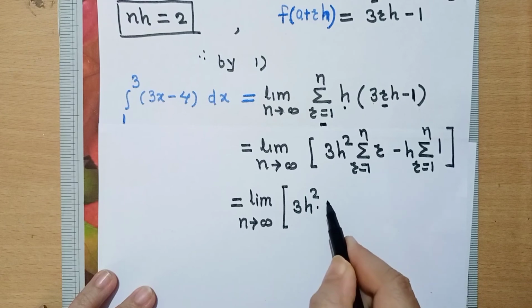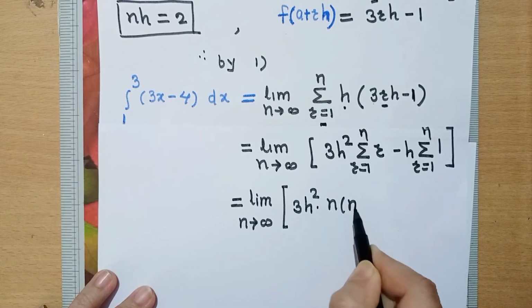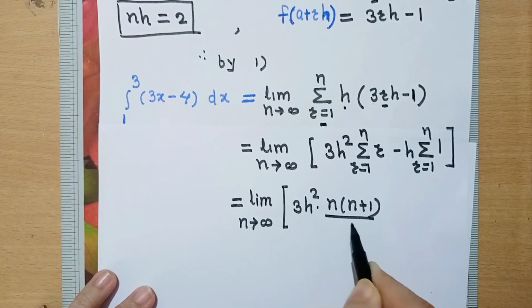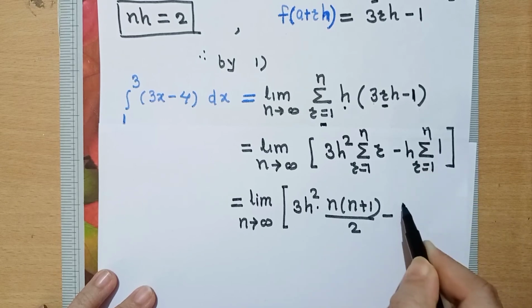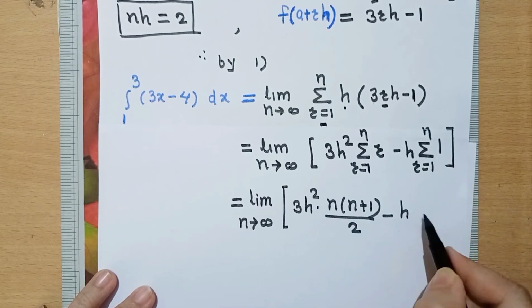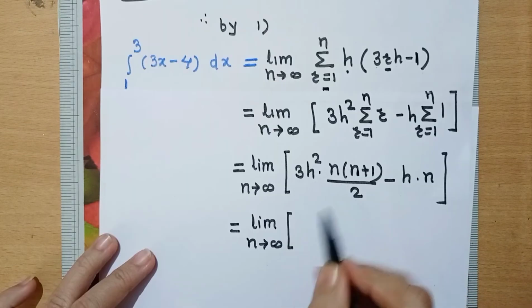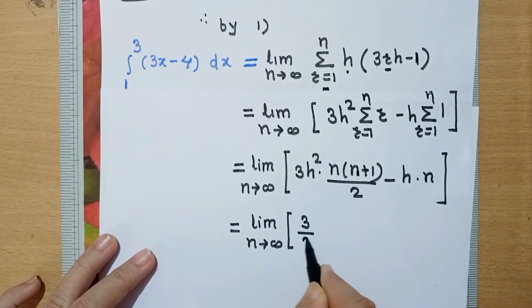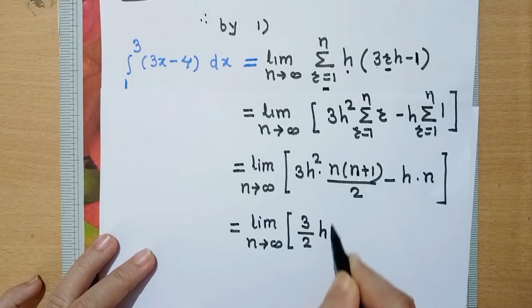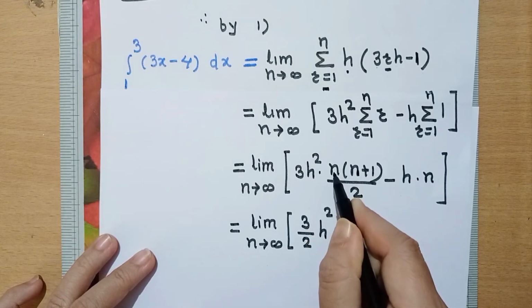This summation r means n into n plus 1 upon 2, and here minus h as it is, and summation of 1 means n. And again here we will write first constant terms 3 upon 2, then this is h square. This n is already there.